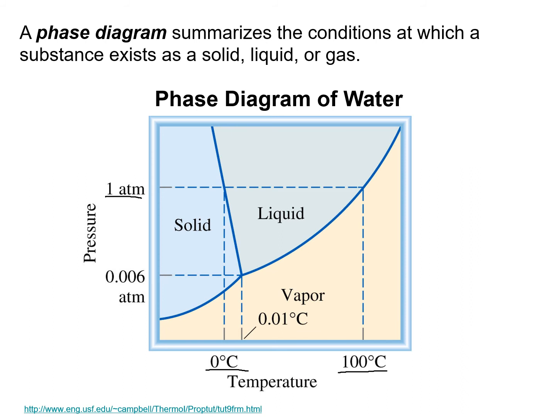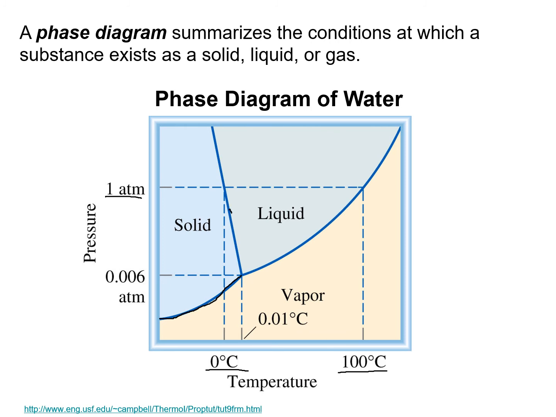So we have these curves in our graph. Temperature across the bottom, of course, pressure on the side, the y-axis. These lines represent the equilibrium between different phases. So this line represents the equilibrium between solid and vapor.